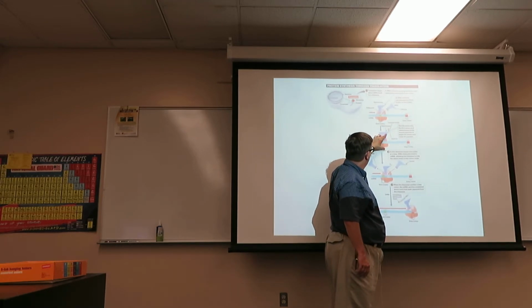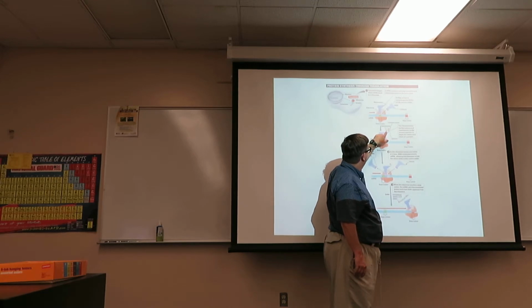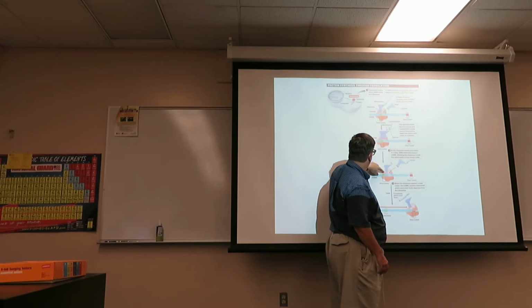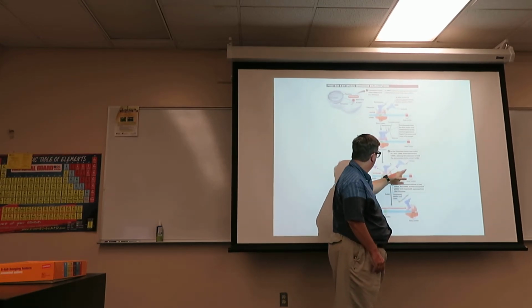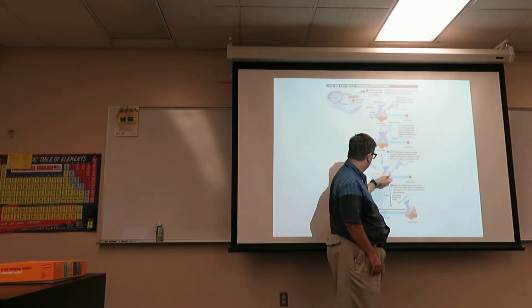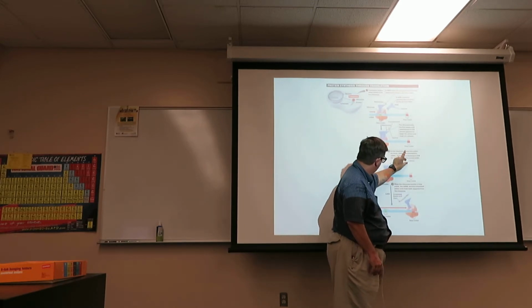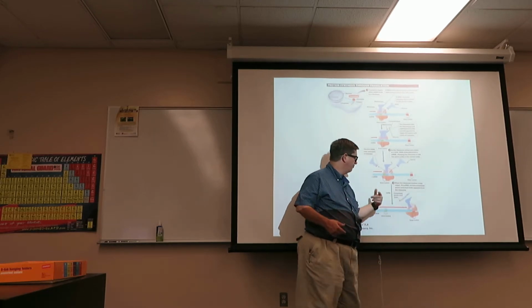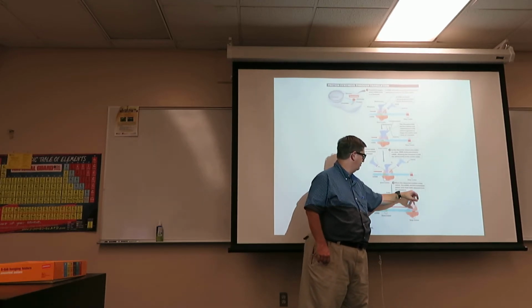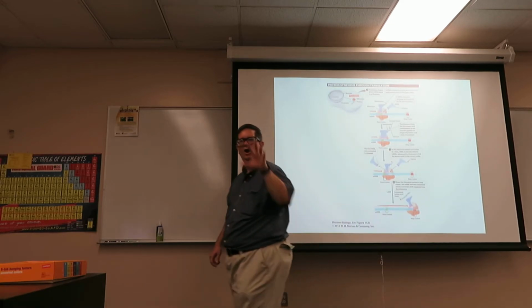We're moving forward. What that does is you break off the old piece and put it on the front. And then the old one goes away. Then you move to the next codon and you wait for a match. And when you find the match, you break off the chain, put it on, and the old one, which is now empty, goes away. You do it over and over and over again until you get to the stop codon and the protein floats away. Are we good?